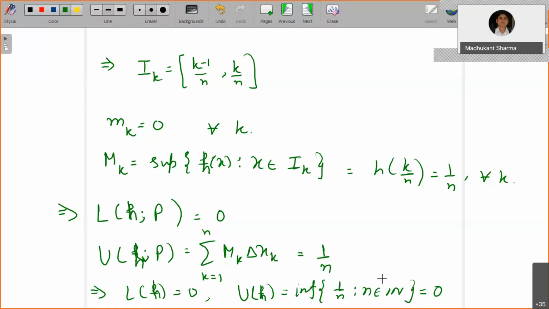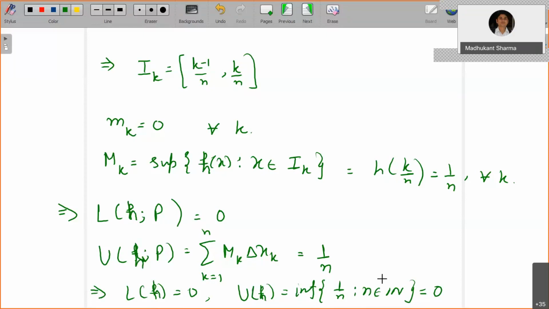Okay, so we have seen previously that we considered any random partition P. Now here we are considering a sequence of partitions. Whether both are the same thing or not will be given a little later.